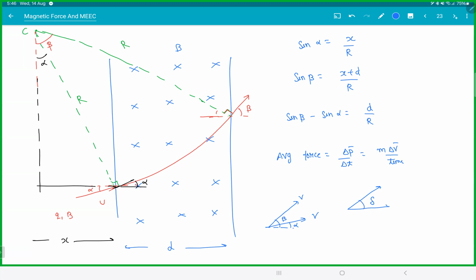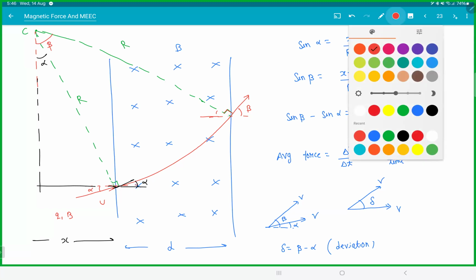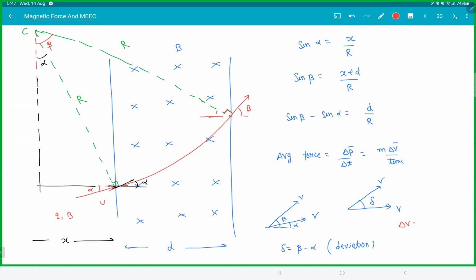Let's call it delta, which is the deviation. Delta is beta minus alpha. This is the deviation angle. So V final minus V initial, the change in velocity vector, will be 2V sine delta by 2.